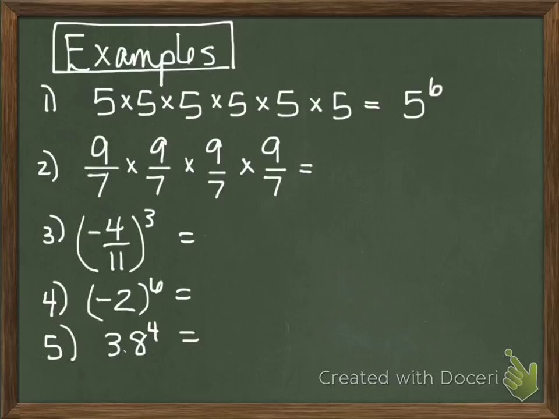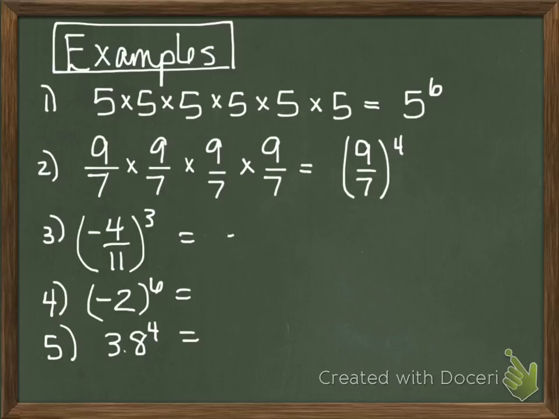Okay, so now we've got 9/7 used as a factor 4 times in example 2. So I'm going to use 9/7 as my base, and this time I'm going to put parentheses around it and put it to the 4th power. And there's 9/7 to the 4th power. Okay, and now in this next expression, I've got the exponential notation already, and I'm going to write out what that means as an expression.